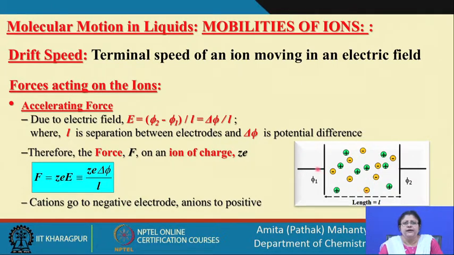So, Ze is the total charge associated with a particular type of ion. Z times e gives you the total charge associated with a particular ion.